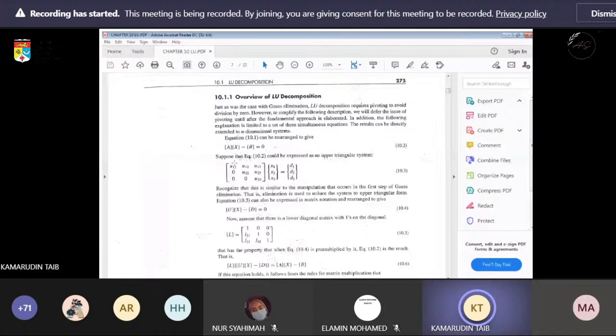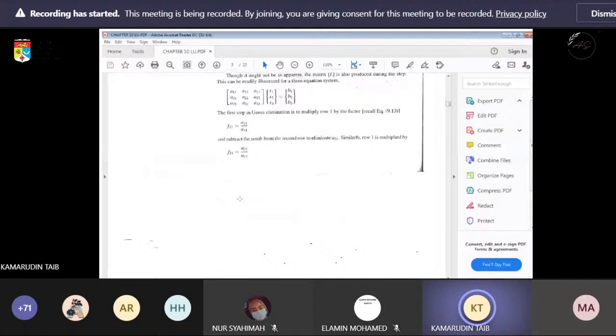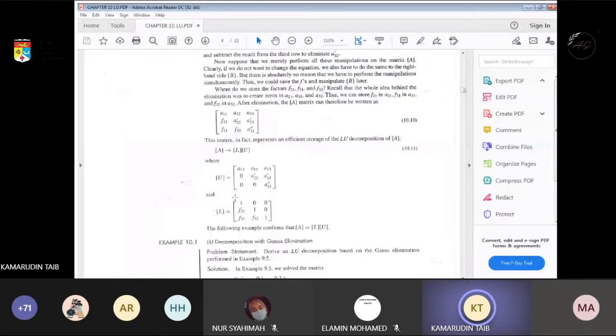So lower triangular is this one. Oh, sorry, this matrix. Okay, the elements above the main diagonal are 0. The main diagonal doesn't have to be all 1s. It can also be other numbers and it is still called lower triangular. As long as the elements above the main diagonal are 0, that is called lower triangular.